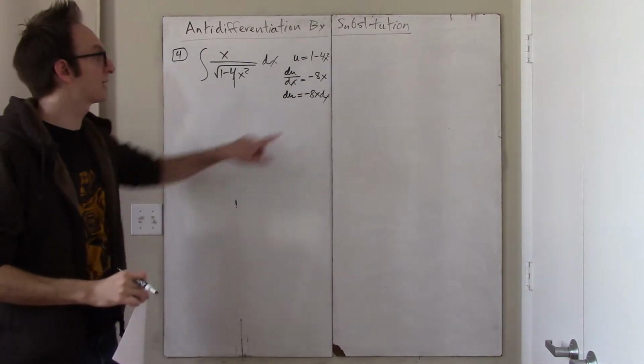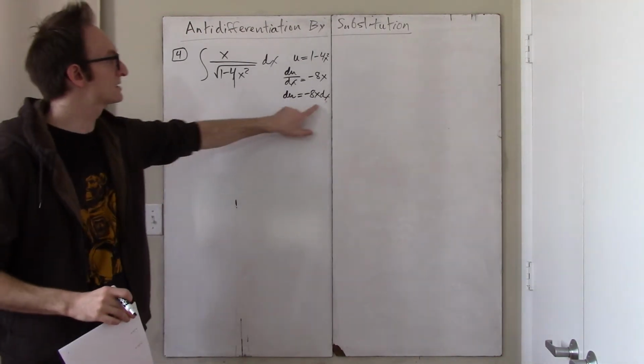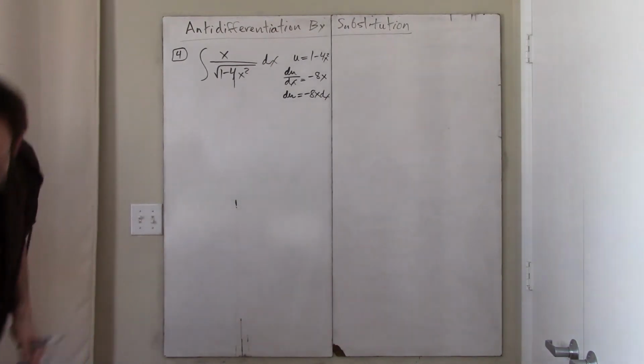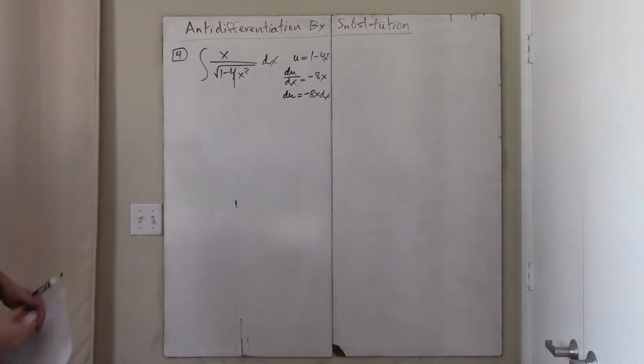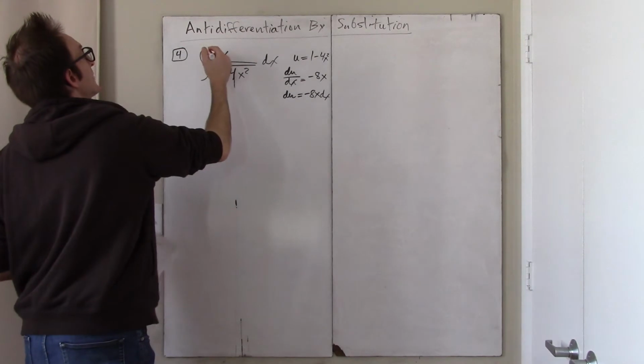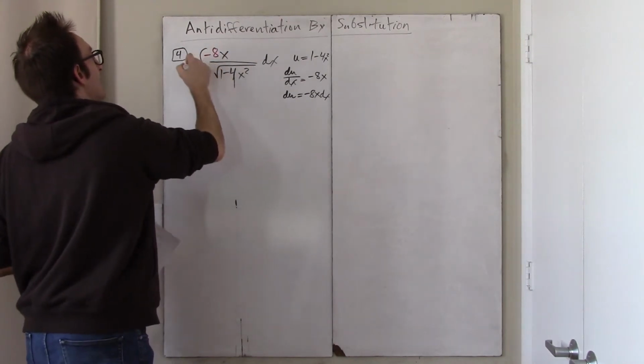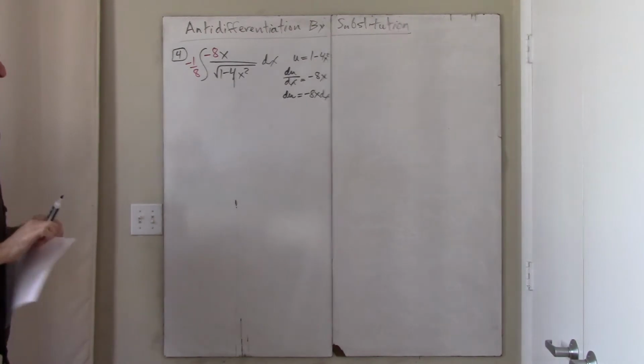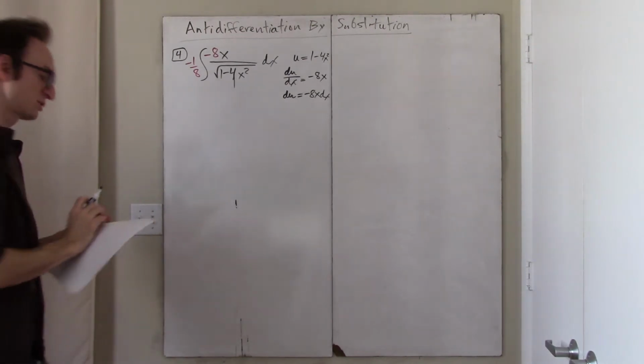Now, looking back at the thing we're trying to antidifferentiate, we see that we're missing a negative 8. So, if only there were a negative 8 in there, I undo the damage with a negative 1/8. And now I can perform a variable substitution.